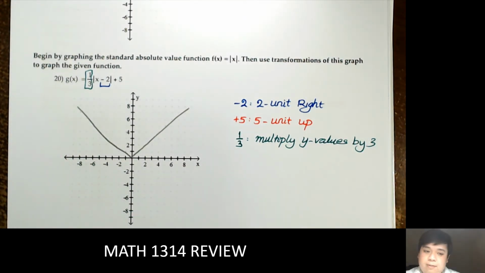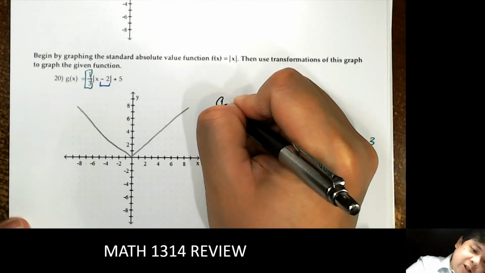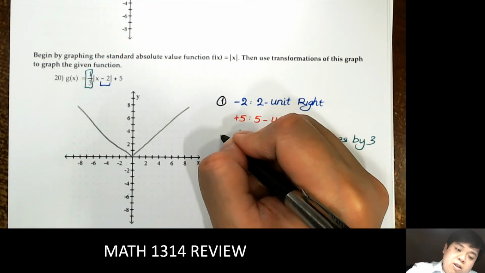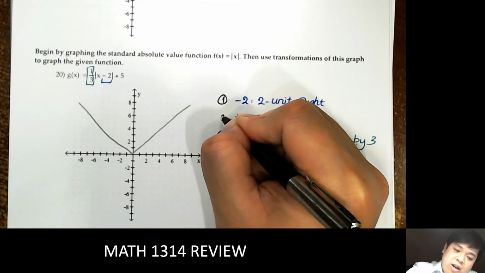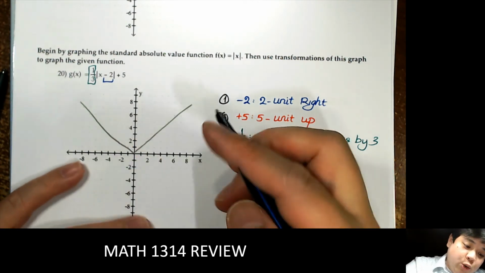Right. So it's always inside and out. So inside and then outside. On the outside, multiply and divide first, and then add or subtract. So this is order of operations. First we move this 2 units to the right.